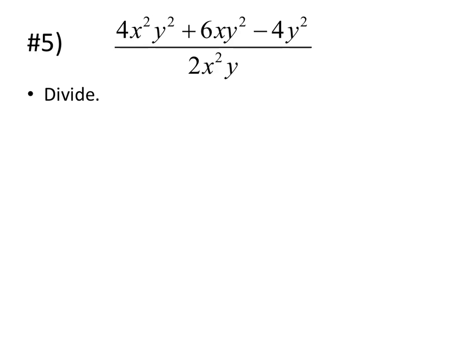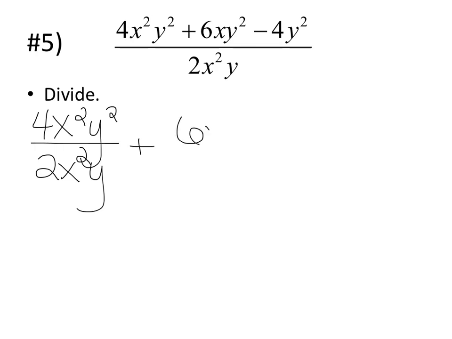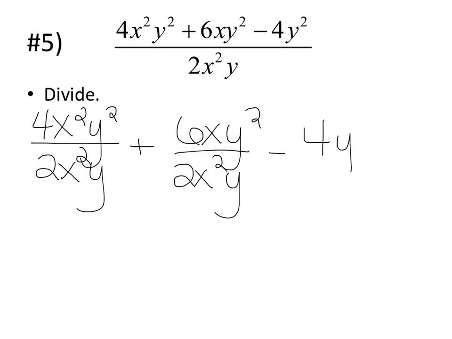Okay, same situation here. We've got 4x squared y squared over 2x squared y plus 6xy squared over 2x squared y minus 4y squared over 2x squared y.